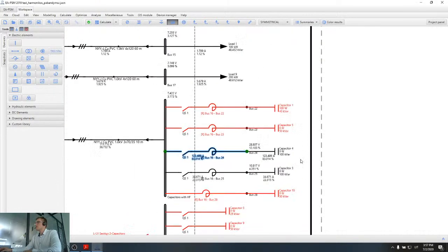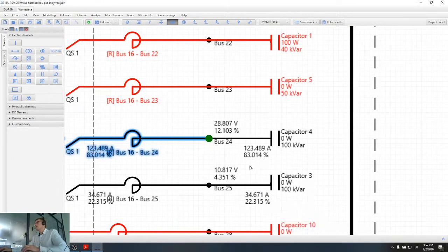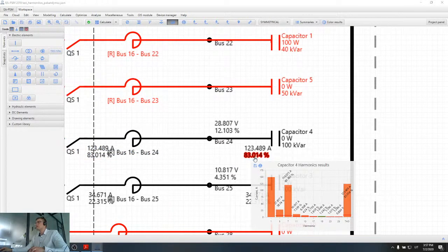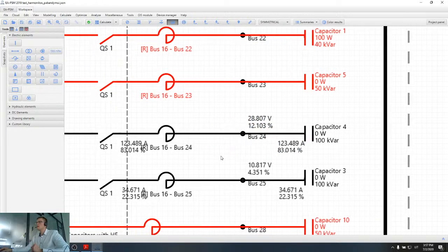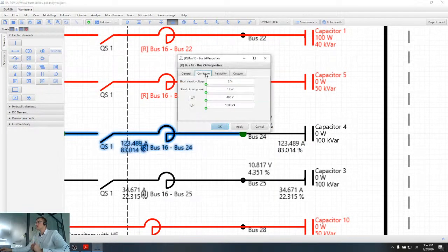And what is the current flowing through the capacitor? It is 83%, for example, in this capacitor, which is not good at all. So it means that this capacitor is very overloaded with the harmonics. So of course 2% is not enough for us.